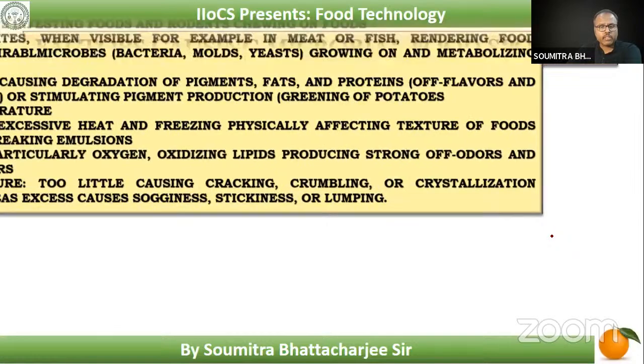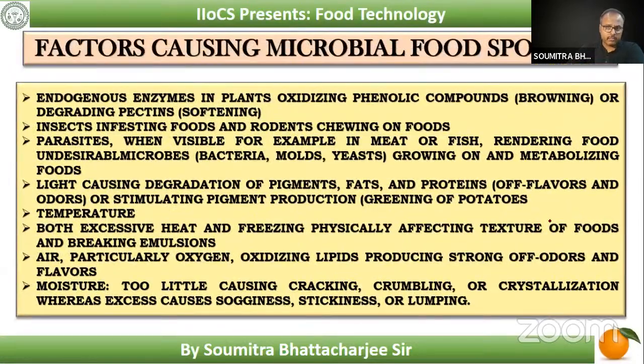Okay. Now, what are the major factors causing food spoilage? The first major factor: endogenous enzymes present in the plants. Second, the insects infesting the food. The parasites, lots of parasites are there. Light causing degradation of the pigments, fats, and proteins, due to which off flavors and off odors can come.